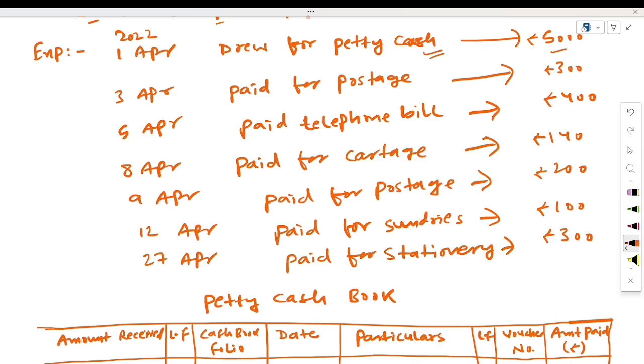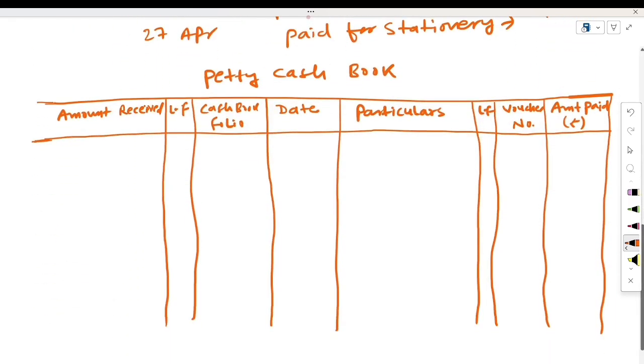Cash account debit to bank account. So here we will write on 1st April 2022, to bank account. You are receiving the amount, so the amount will be shown on the receipt side. This is the receipt side and this will be the payment side.